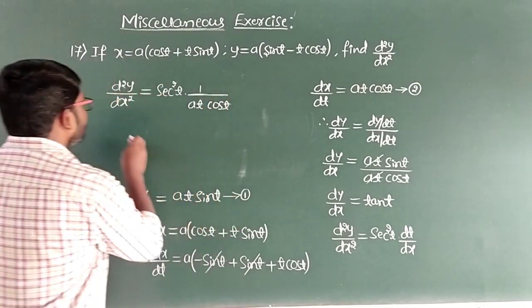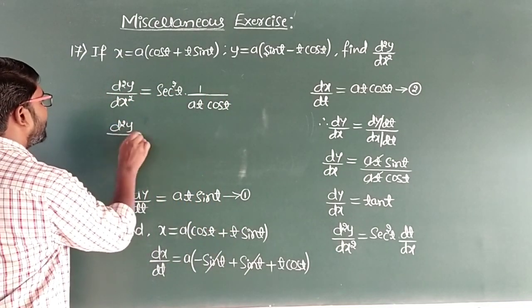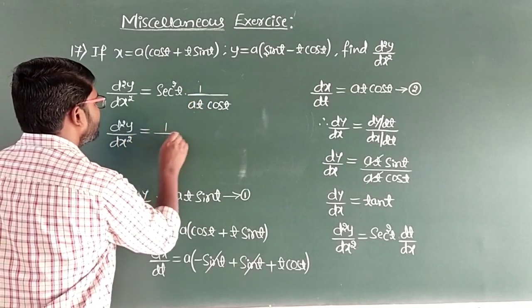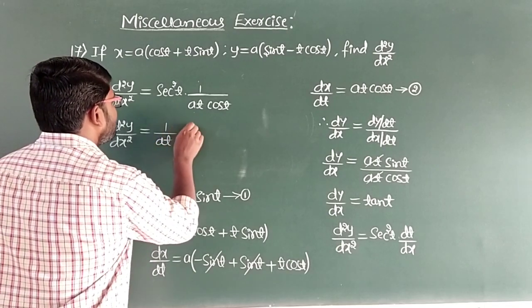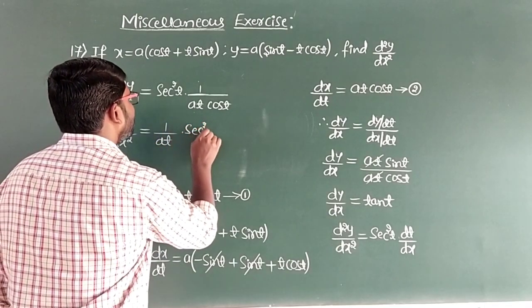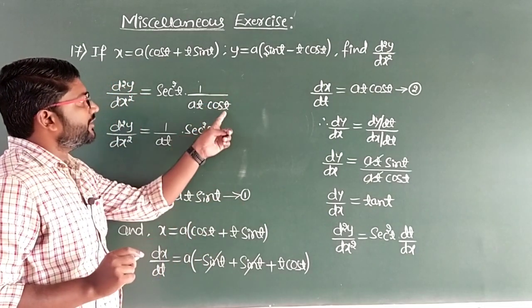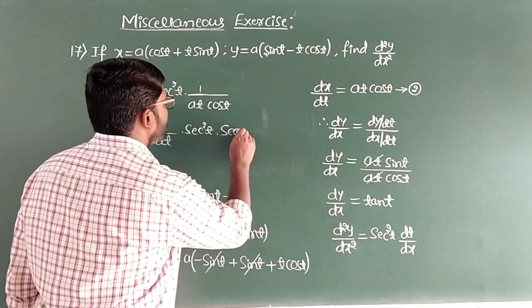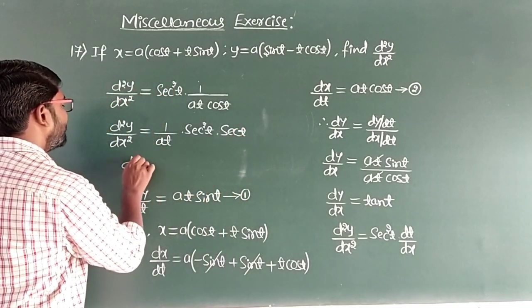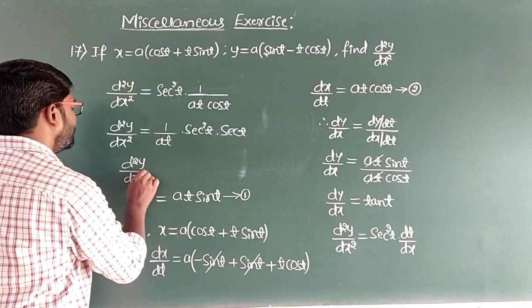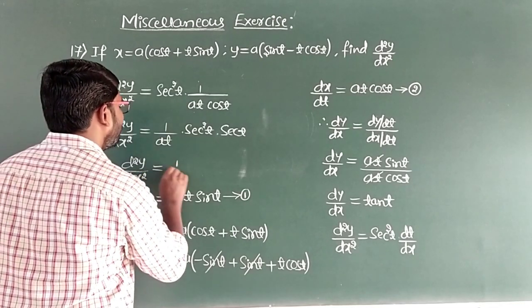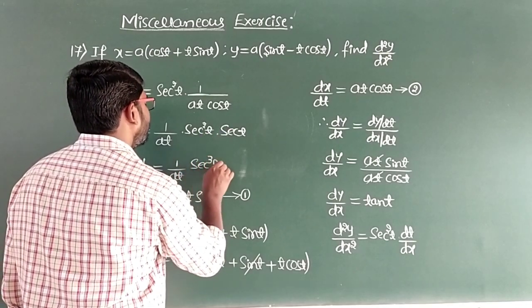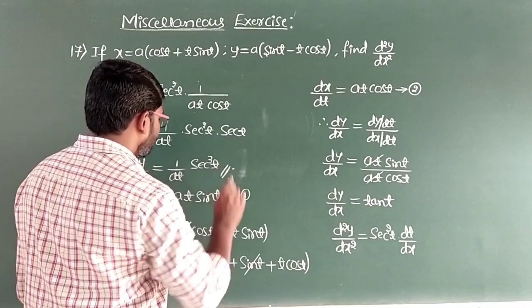So now d square y by dx square equals 1 by a t, I will write it as it is, then secant square t, and 1 by cos t can be written as secant t. So overall we get d square y by dx square equals 1 by a t secant cube t. So this is the required answer for question number 17.